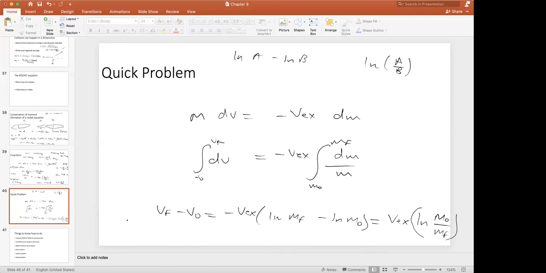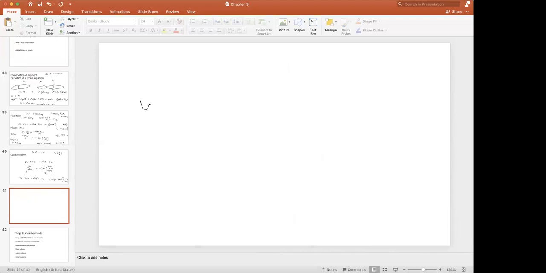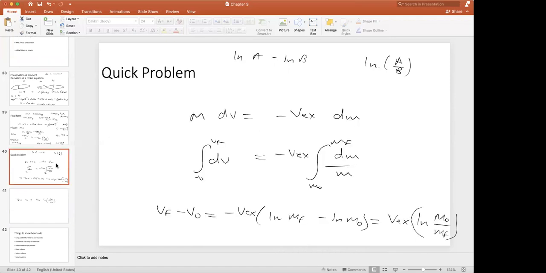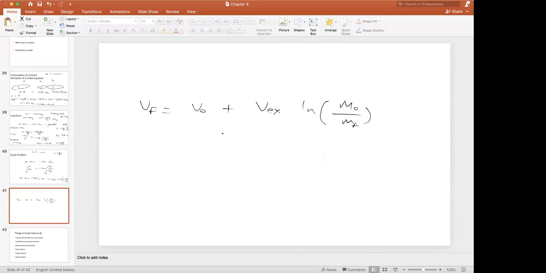All right, so now what we have is that v final is the initial speed plus vex times ln of the initial mass over the final mass, right? And so what this tells us is how fast this thing will be going once it burns off all of its fuel, okay?